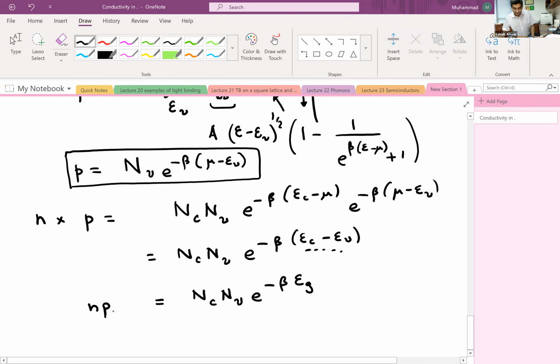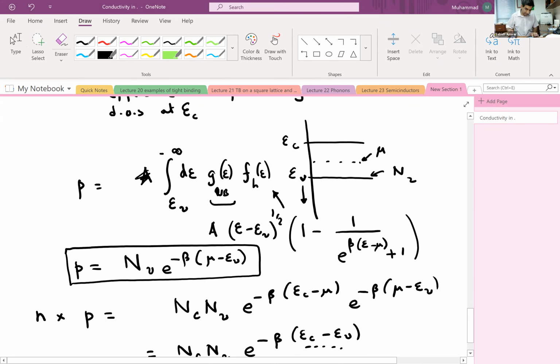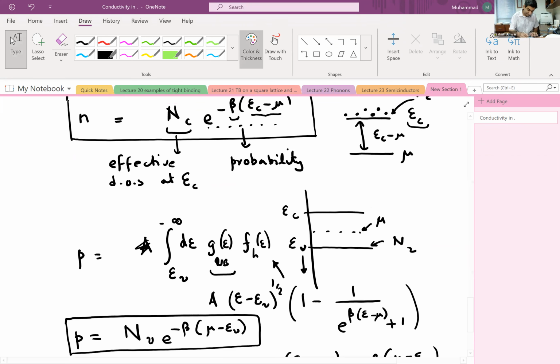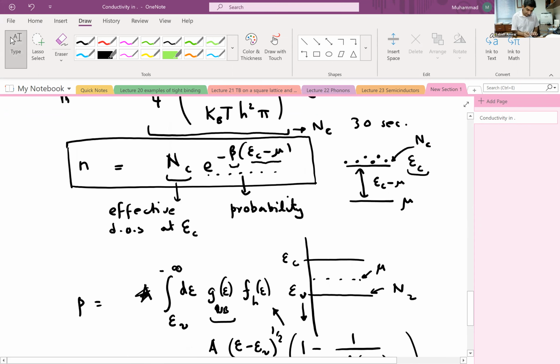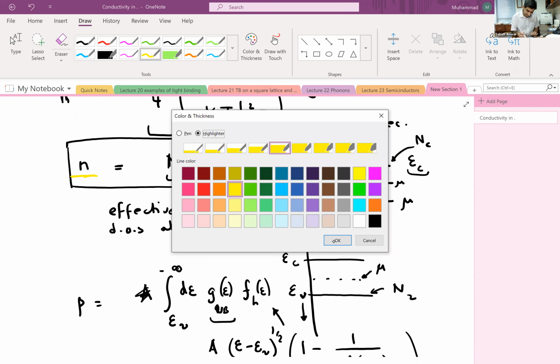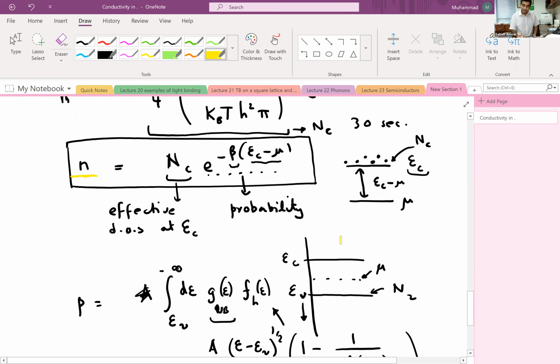So let's backtrack a little bit and do some interpretation here. First of all, the number density of electrons: is it temperature dependent?